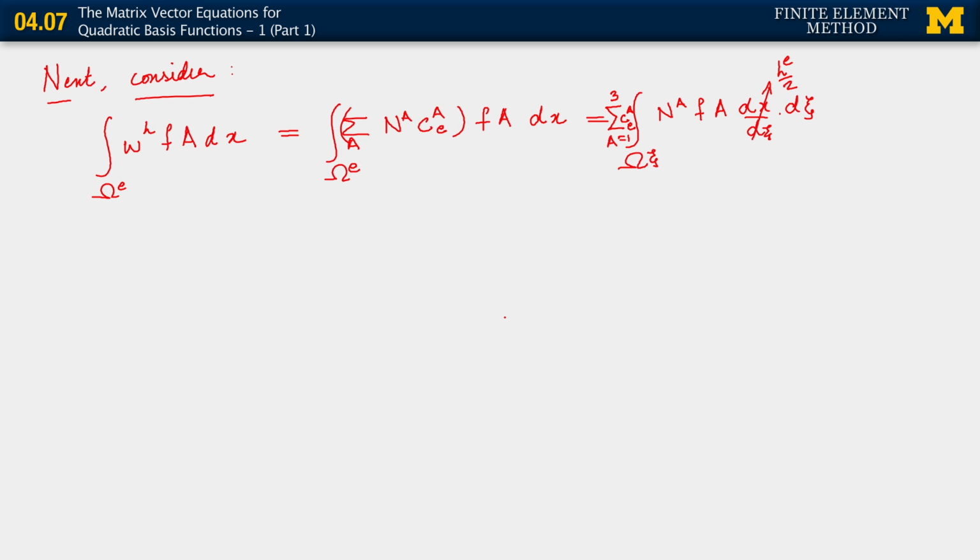We're going to go ahead and build this integral, and in order to fix ideas and get something that we can compute, let us consider the situation where f and a are uniform over omega e, over the element of interest.